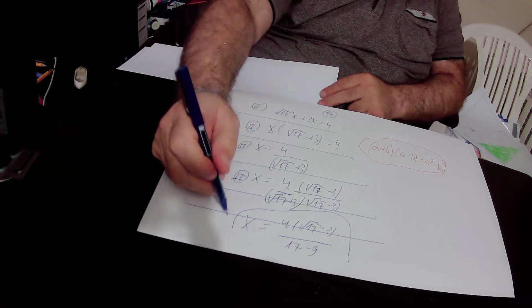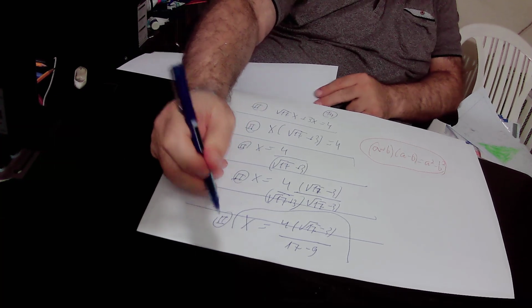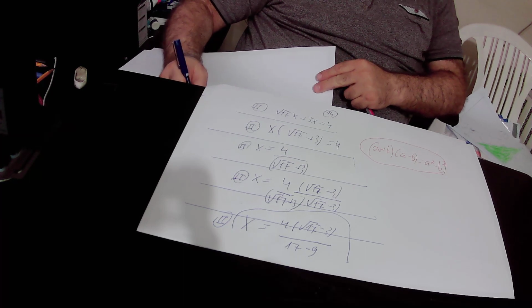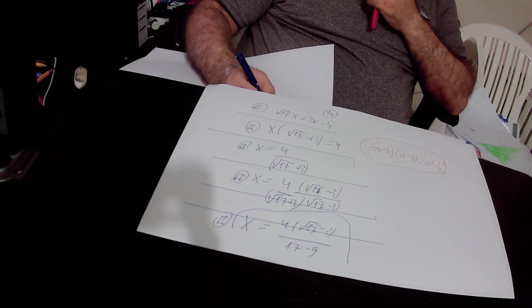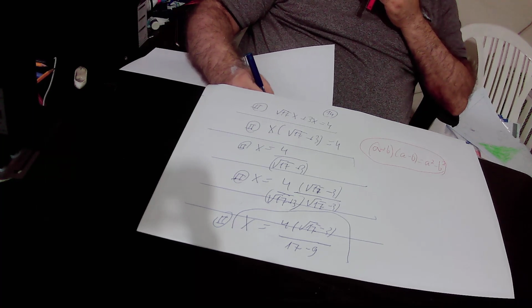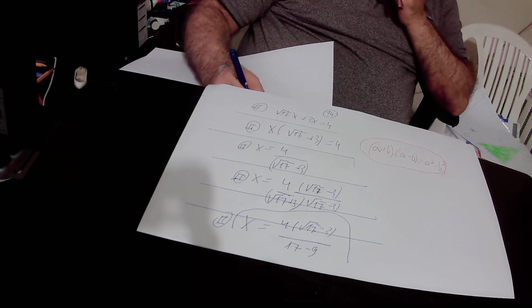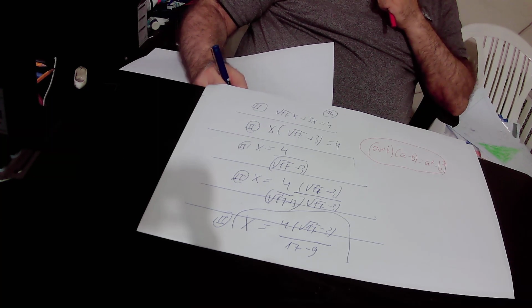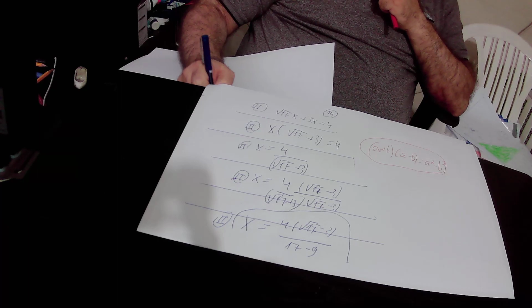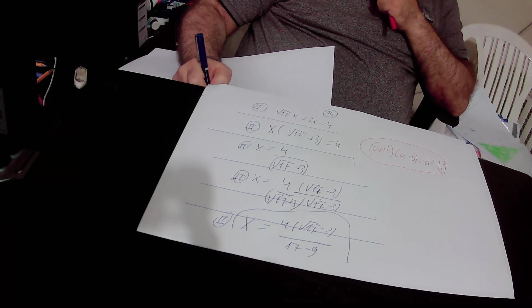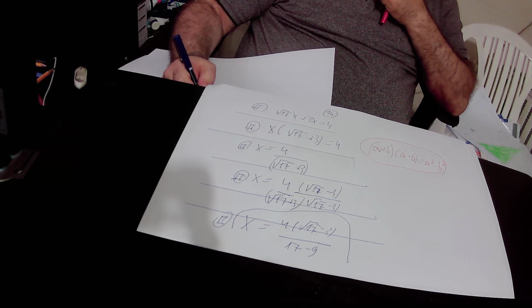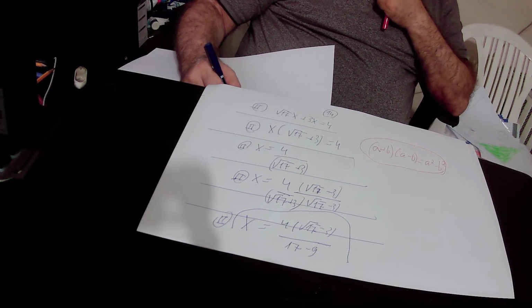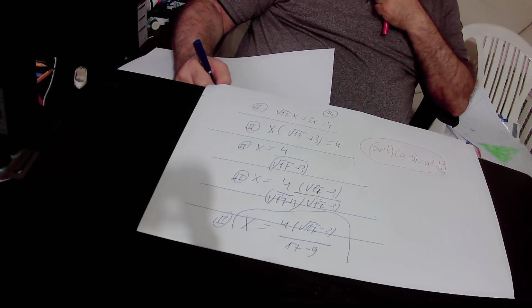We will get that according to equation number 2, x equals 4 times (square root of 17 minus 3) over 8.